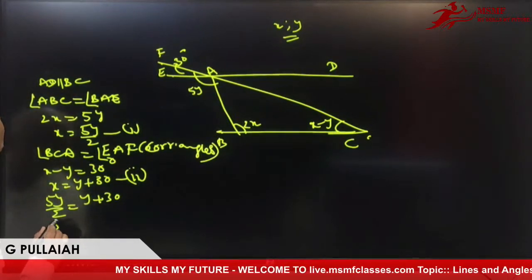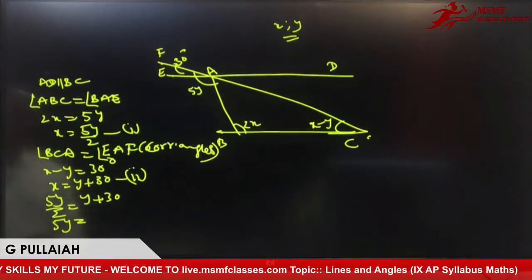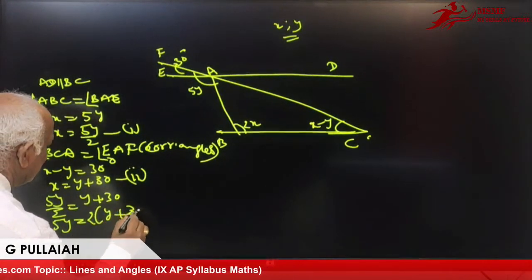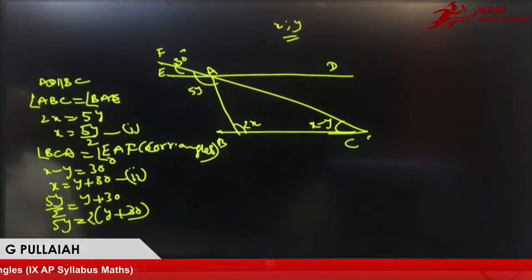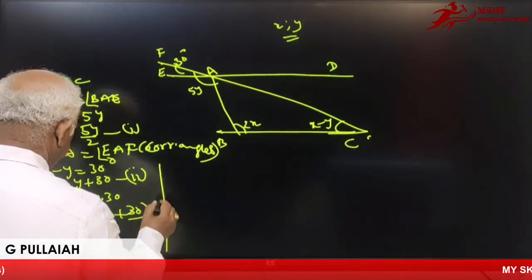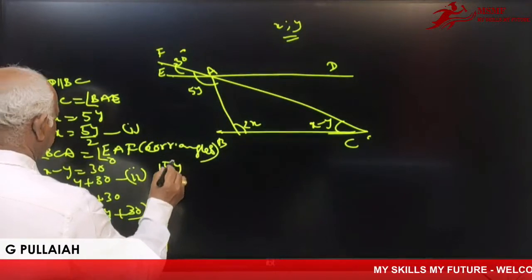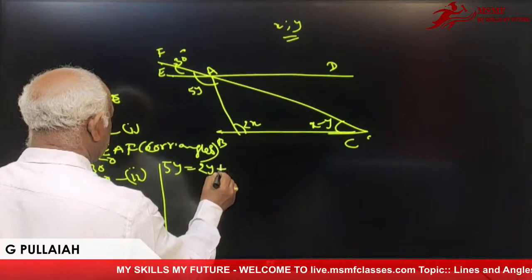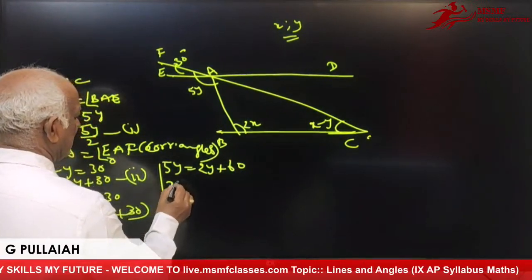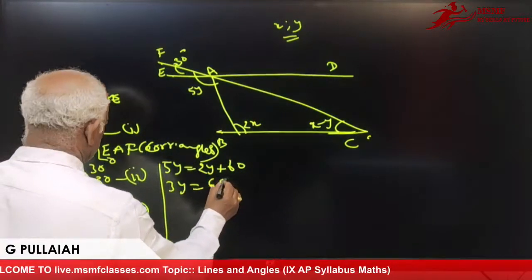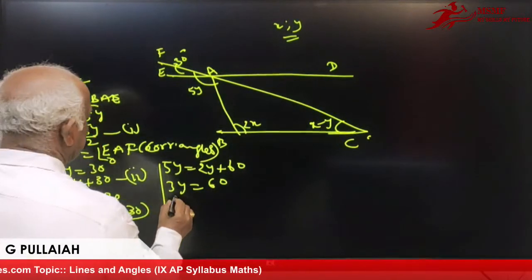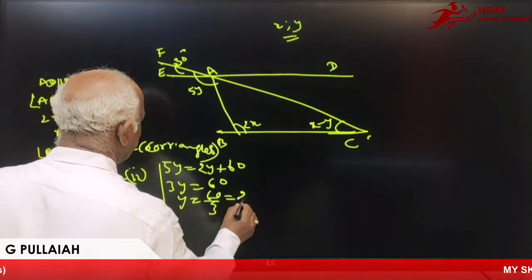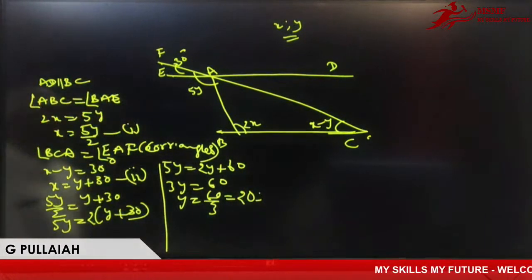Here 5y is equal to 2 into y plus 30. So now 5y is equal to 2y plus 60. So 3y is equal to 60. Thereby y is equal to 60 by 3, that is equal to 20.